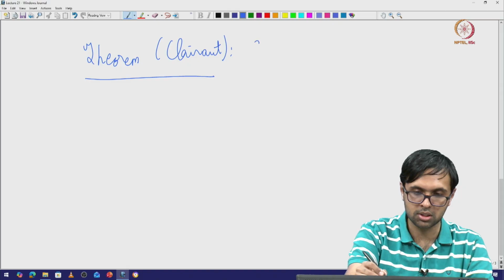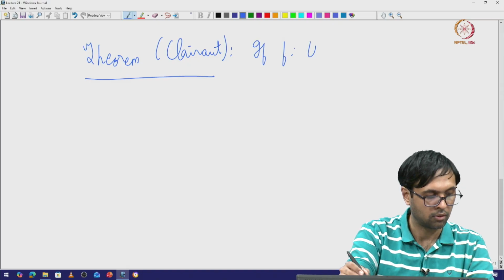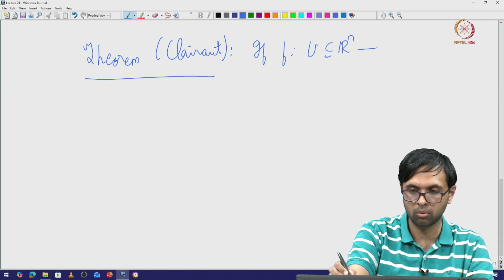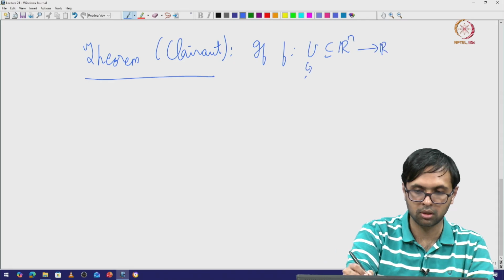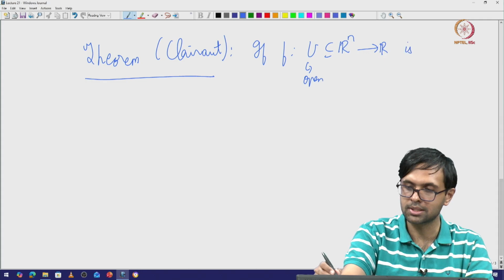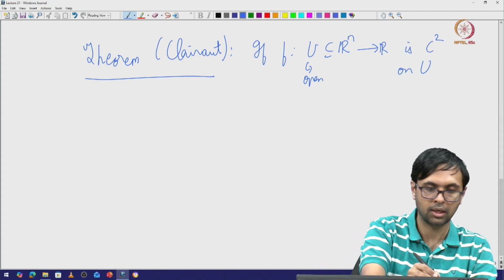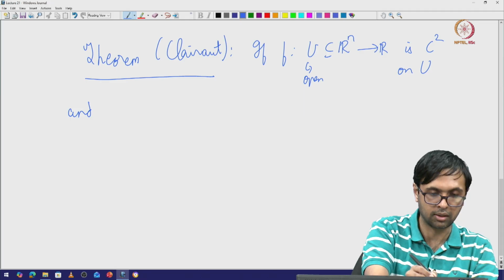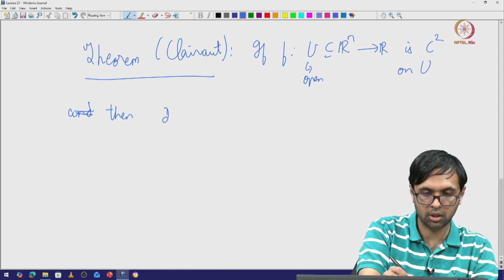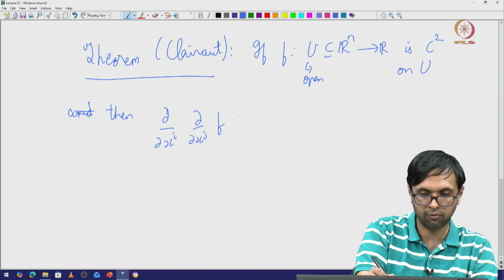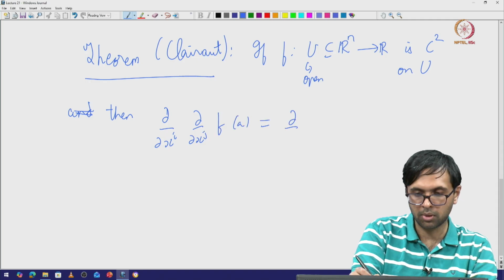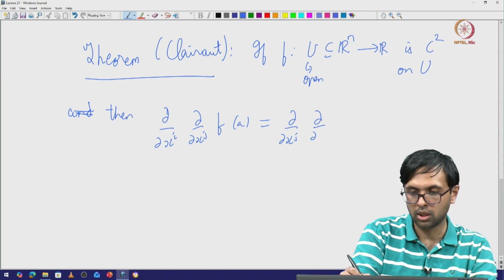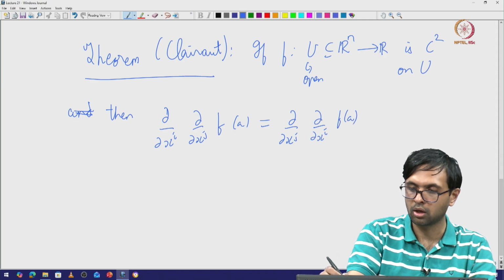Clairaut's theorem: if f from U in Rn to R, where U is open, is C2 on U, then the mixed order partial derivatives d by dxi, d by dxj of f at a equal d by dxj, d by dxi of f at a for all i, j and a.